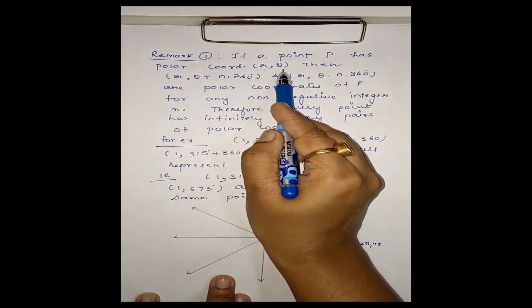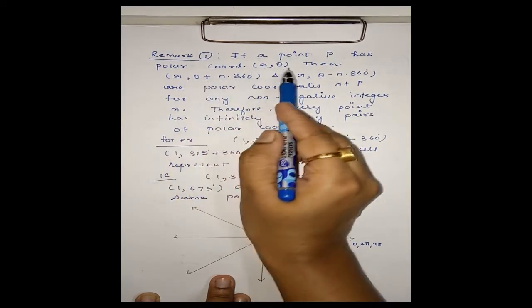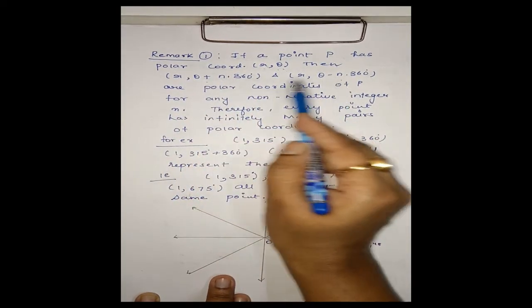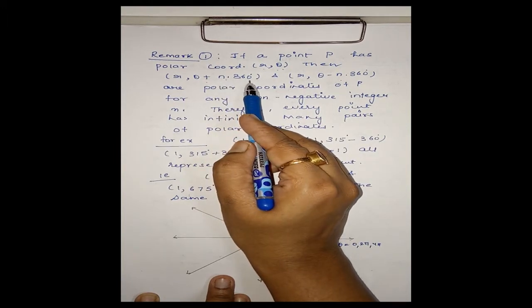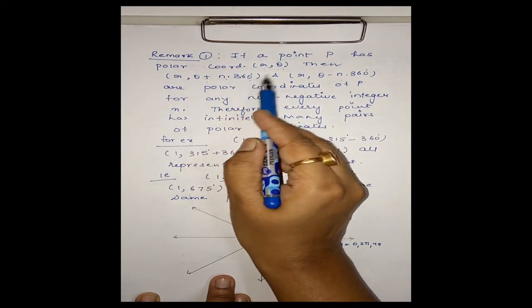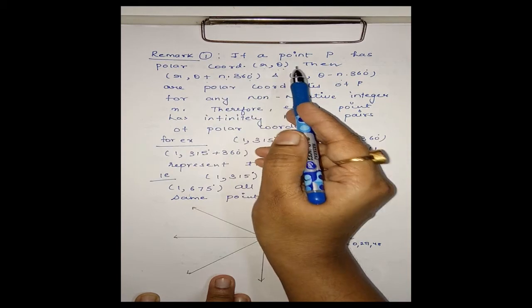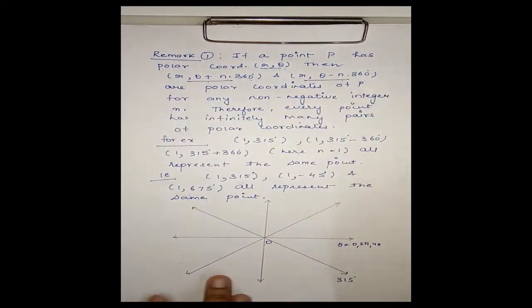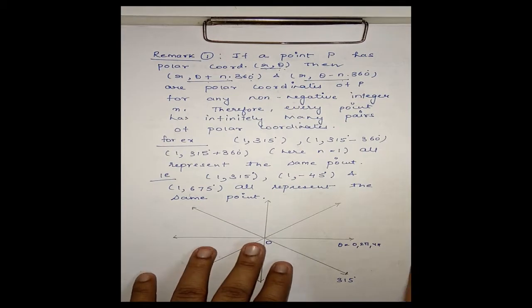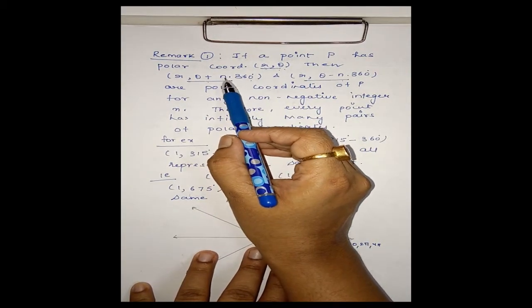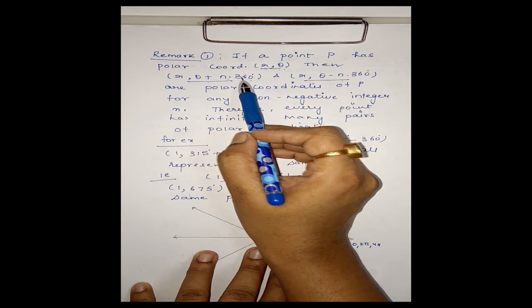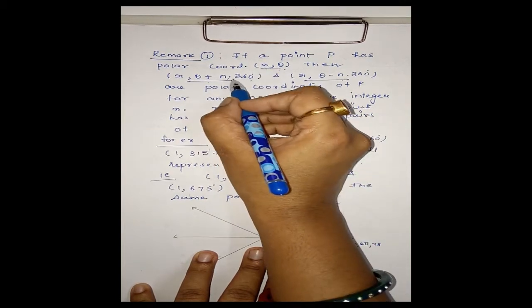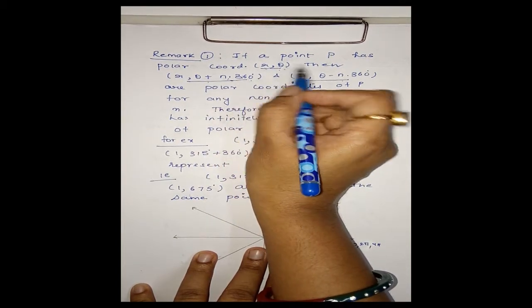If (r, theta) is a polar coordinate, then adding or subtracting n times the angle 360 degrees, we are having the same polar coordinates. Adding and subtracting n times 360 degrees will give the same polar coordinate.